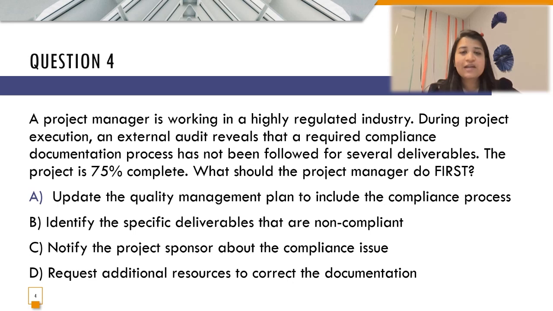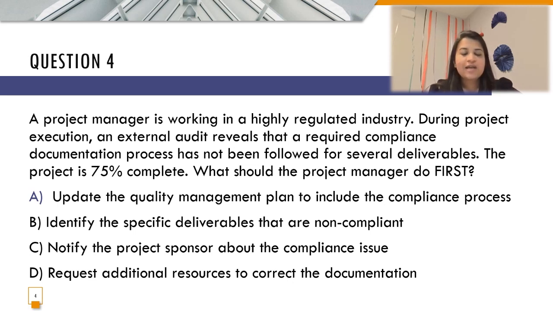Because out of the 75% of the project which is completed, there are several deliverables identified with an issue of compliance. So now we have to identify the very first action that the project manager should take. So let us go through each option to understand which one is correct.